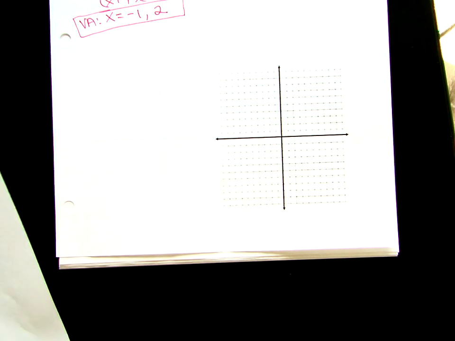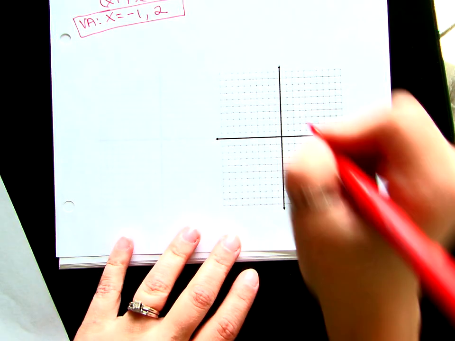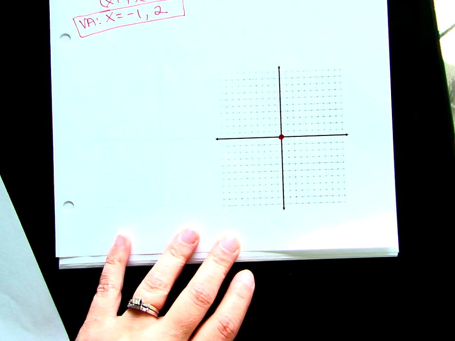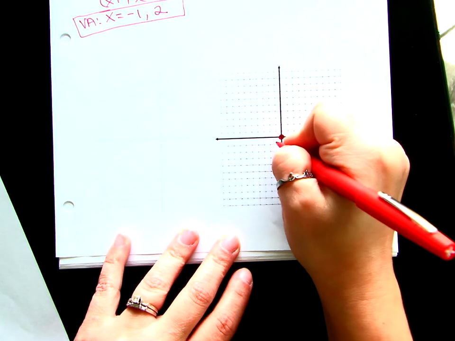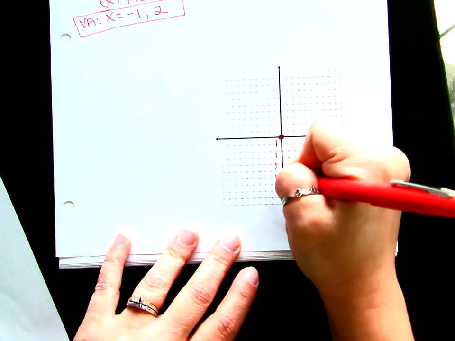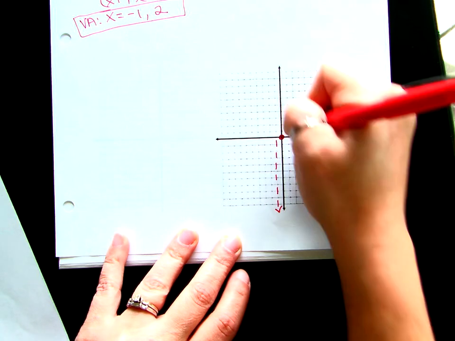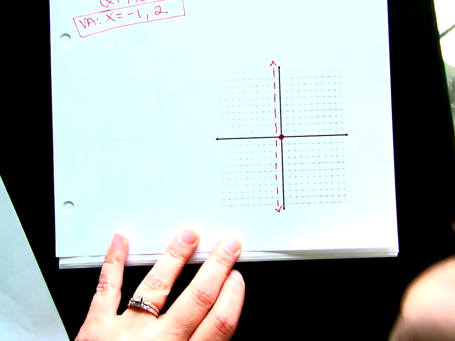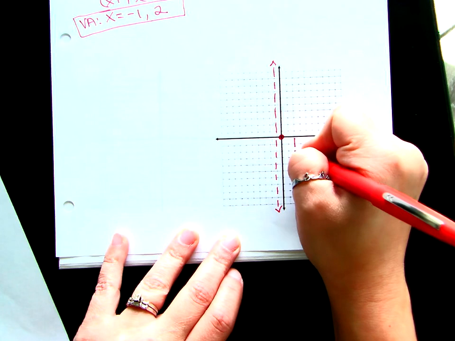So we had a point at (0, 0). I had a vertical asymptote at x equals -1. When you graph those, you want to use dashed lines. You do want to include arrows on those. I also have a vertical asymptote at x equals +2.